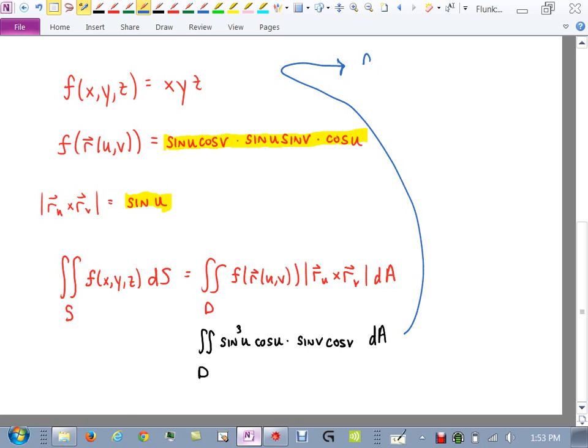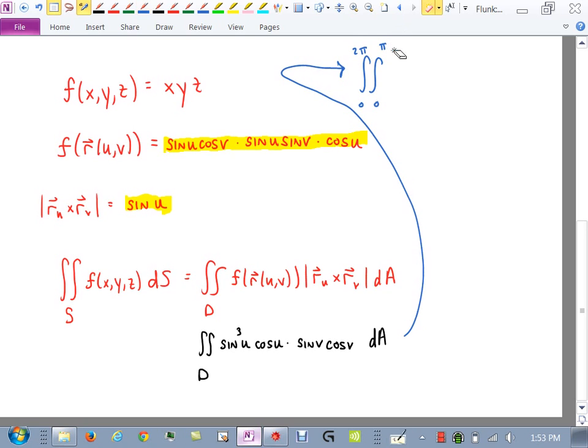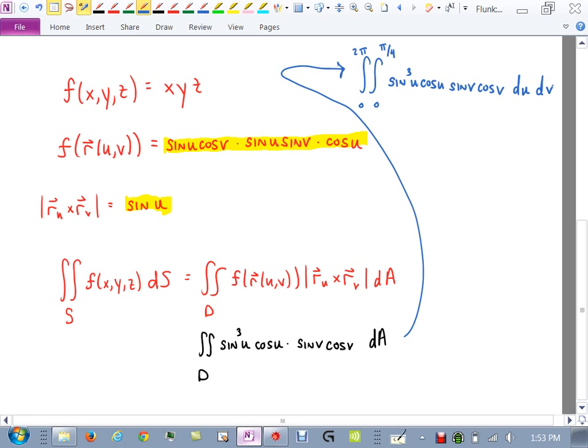This should be the double integral, 0 to 2 pi, 0 to pi over 4, sine cubed u cosine u sine v cosine v, d. So which one? du dv? And then you evaluate that.